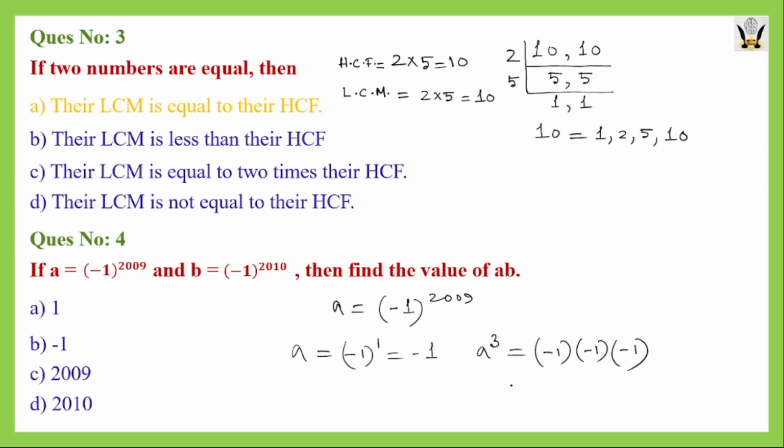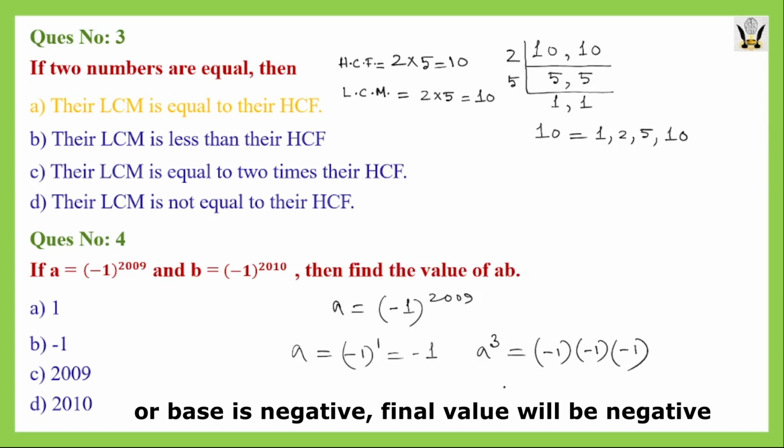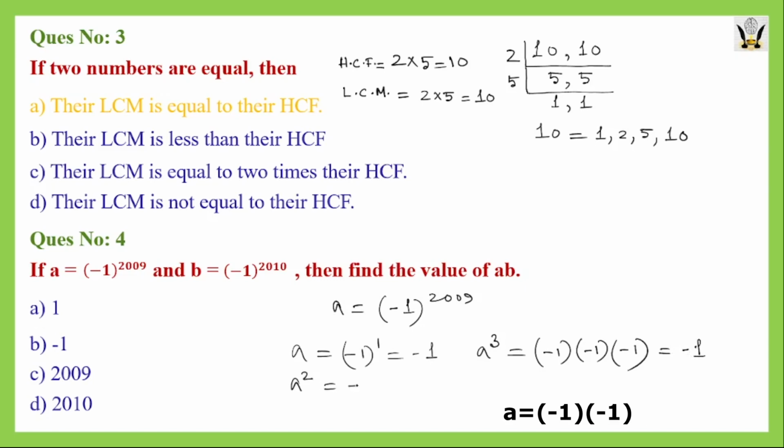We know the rule: when the power is odd and the base is minus 1, the final value will always be minus 1. And if the power is even, say a square, then minus 1 will be multiplied by minus 1, so that will give us 1.